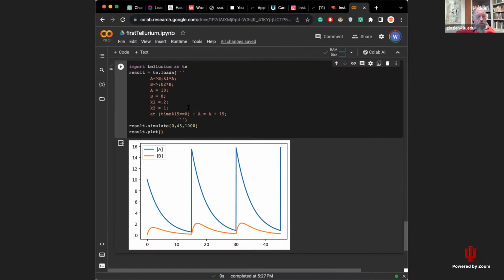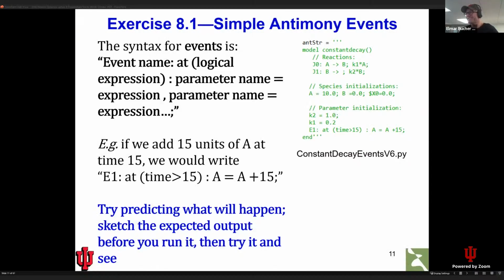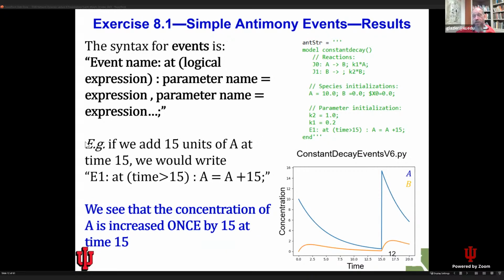Okay, that's great. As I say, you've actually done the next exercise. So yes, the concentration increases only once, it triggers once.